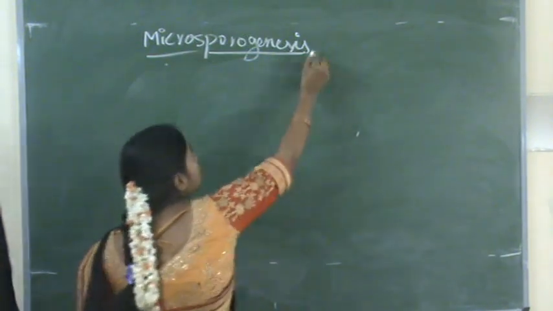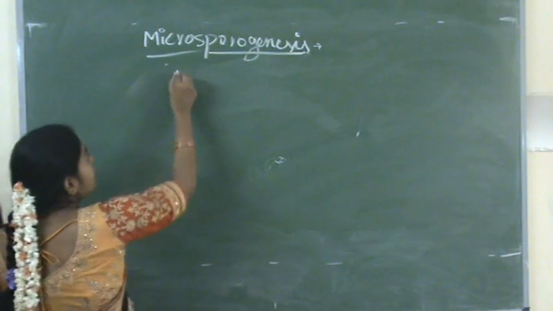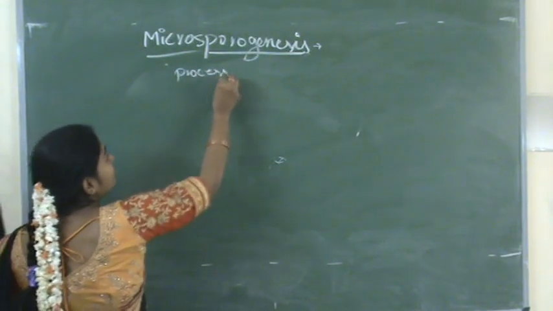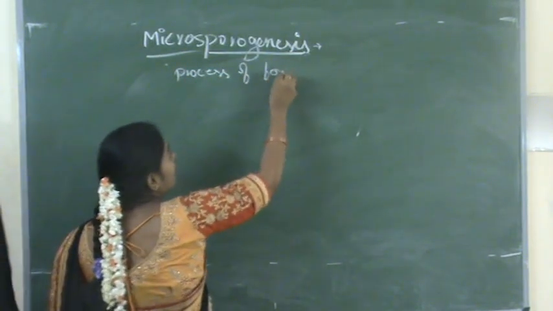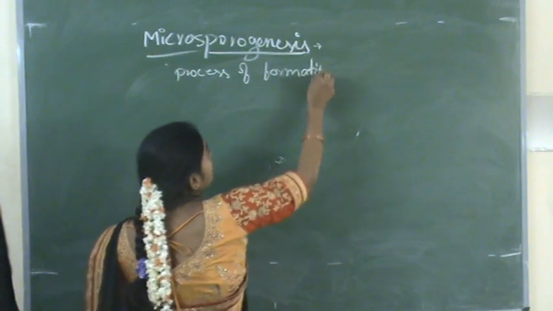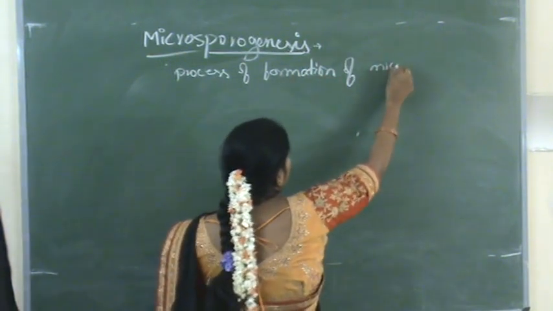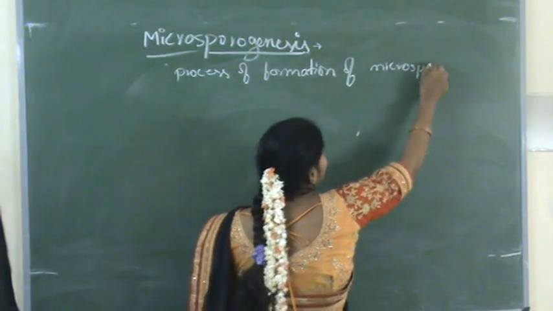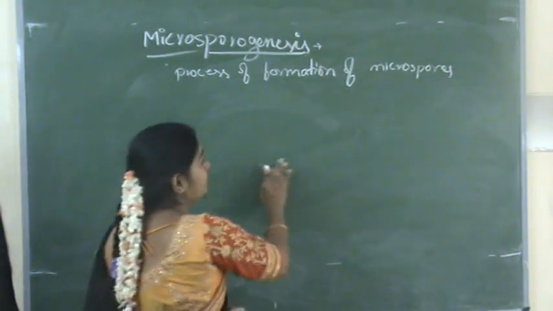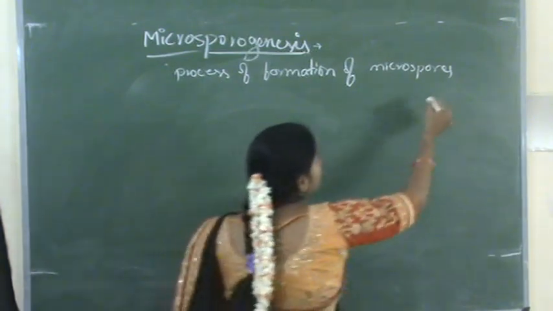So microsporogenesis is the process of formation of microspores, or pollen grains, from the microspore mother cells.